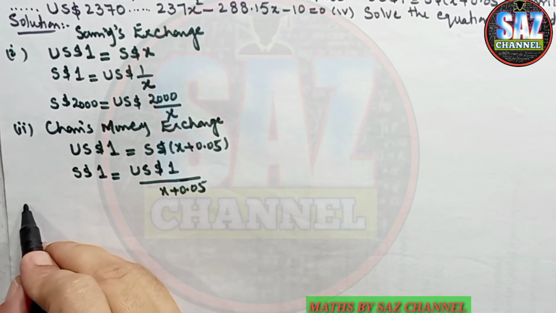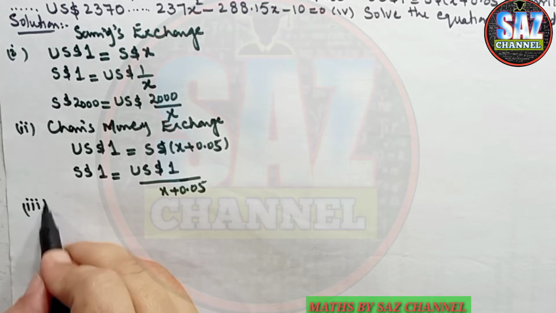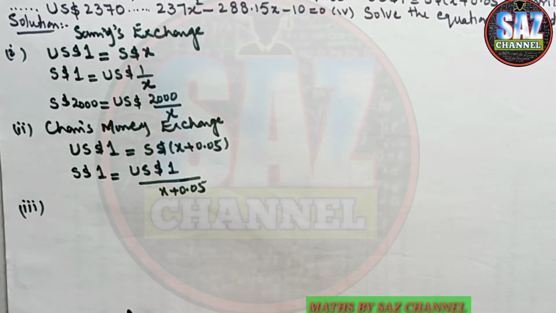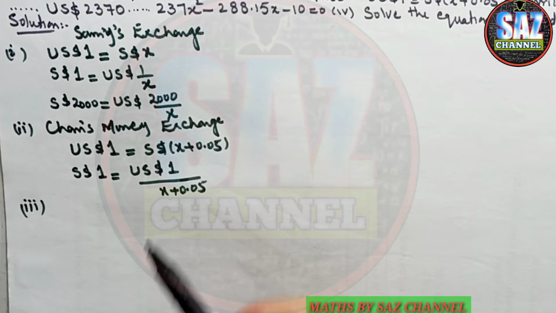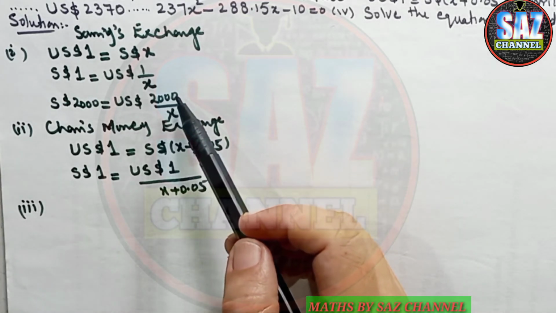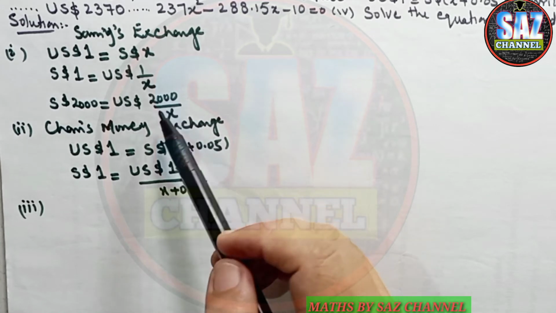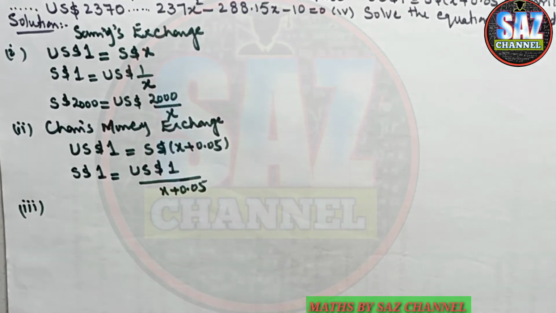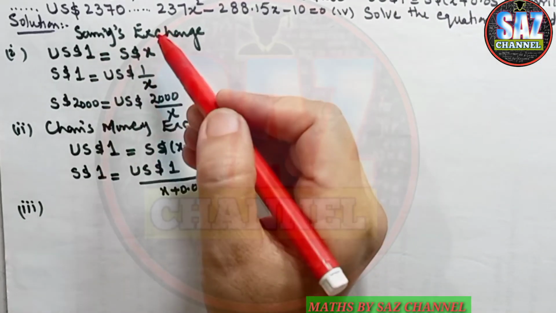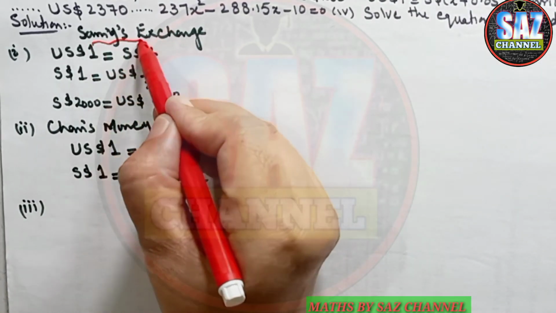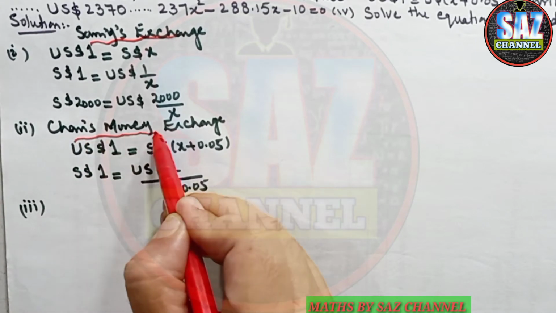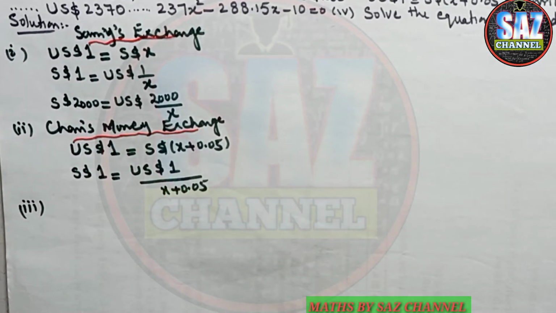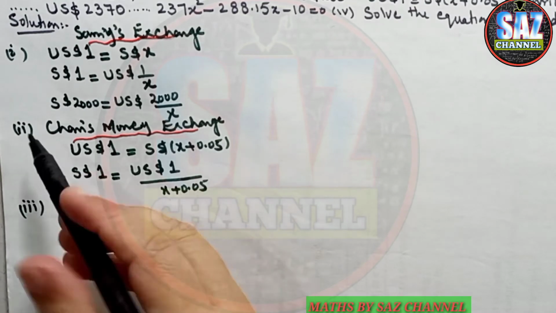Third part says that if from the two exchange shops she is receiving total of 2,370 US dollars. This is the expression for Sammy's exchange shop in US dollars, and this is the expression for Chan's money exchange in US dollar, and as she is receiving total of 2370 US dollars, in order to get total means that we have to find the sum of these two expressions according to condition.